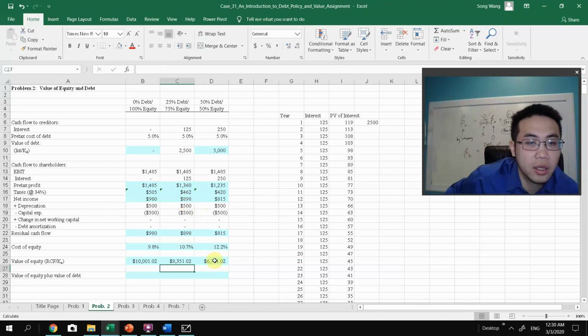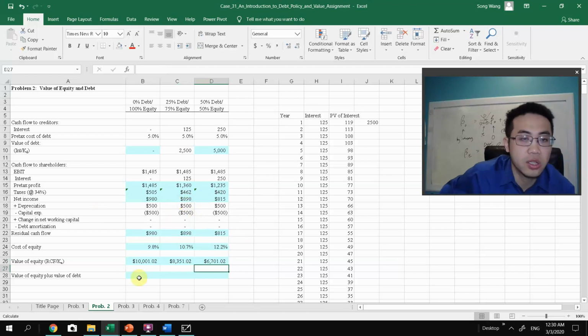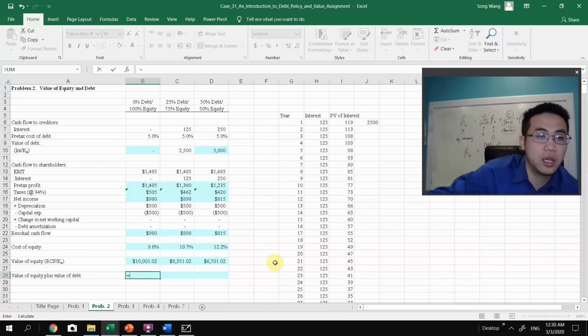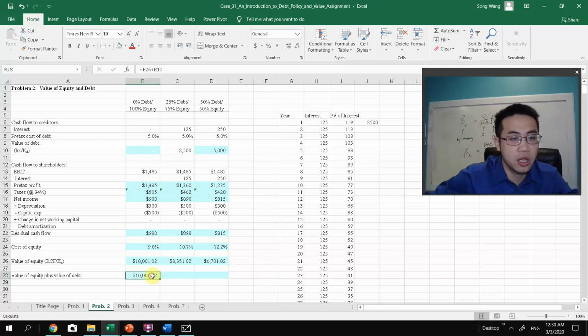And then for the next structure, and then for the value of equity plus the value of debt, so right here I will use the value of equity plus whatever debt I had above, which is 0, so it doesn't change at the end.